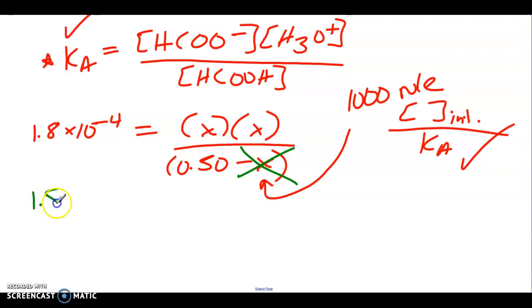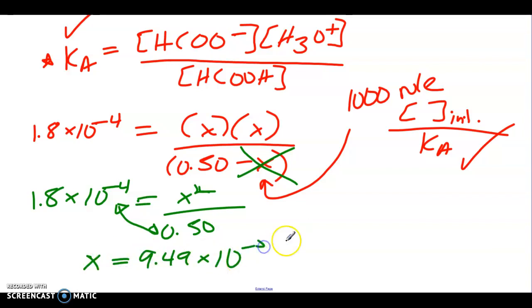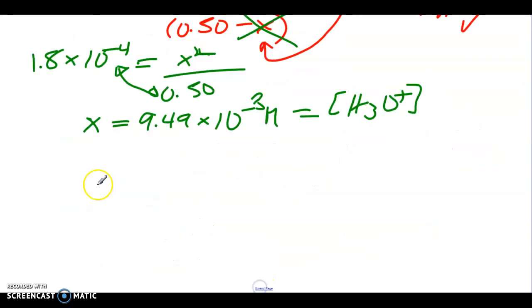So we end up getting 1.8 times 10 to the negative 4 is equal to x squared over 0.50, right? So now we can essentially isolate for x. We're going to do cross multiplication here and then take the square root. So your x value we get is 9.49 times 10 to the negative 3 moles per liter, which is equal to our hydronium, which is the whole purpose of this because they want us to solve for pH.